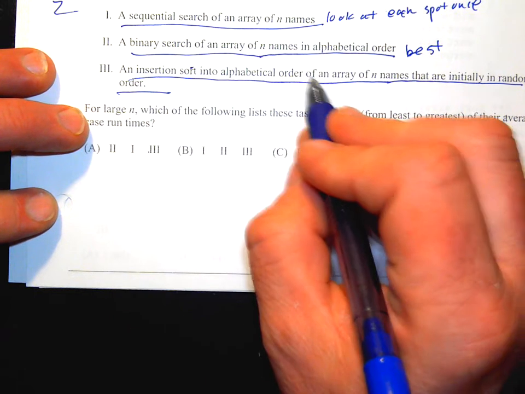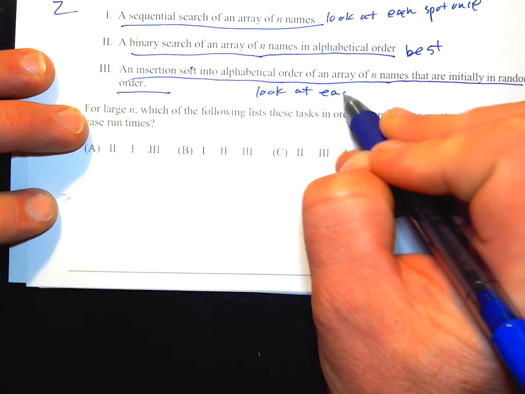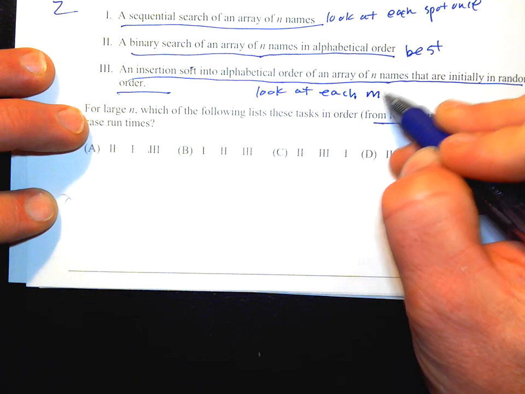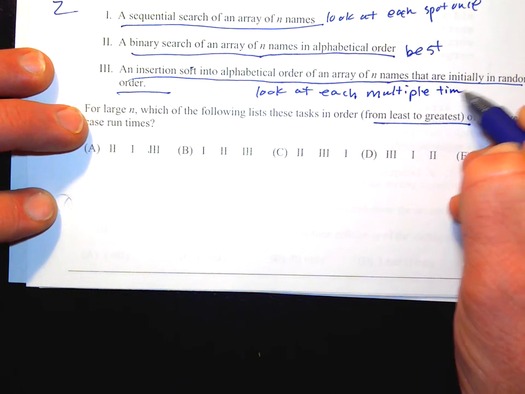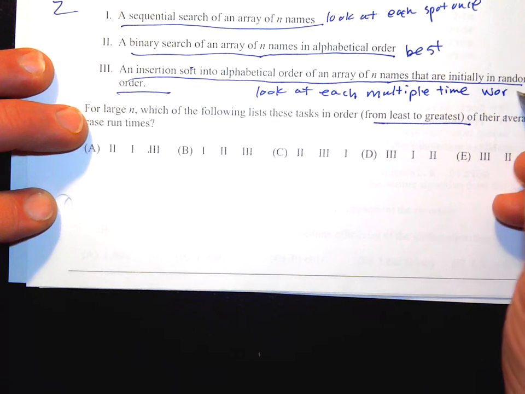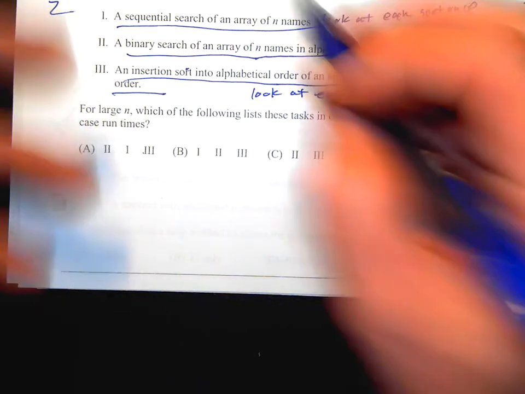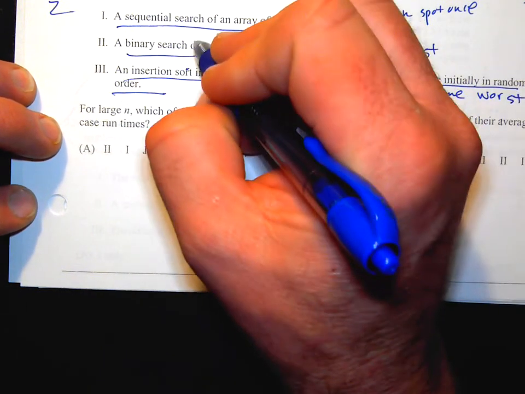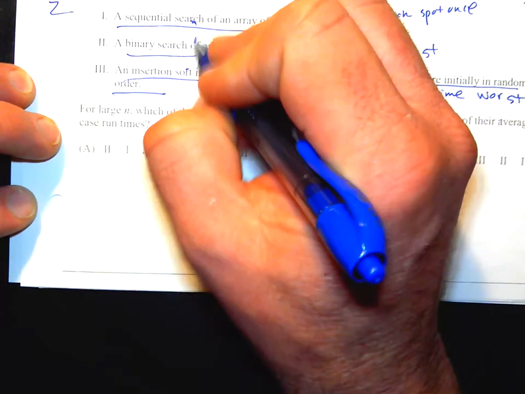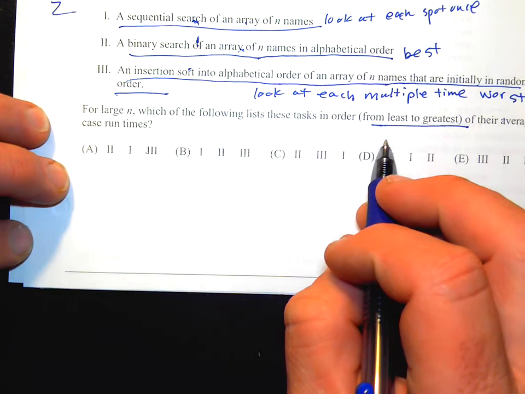Insertion sort is looking at each spot probably lots of times, multiple times. So this is your worst as far as comparing these all to each other, as far as the amount of work they have to do, even though they're totally different kinds of jobs. I mean, these are comparable. You're able to compare these to each other, and this is way better than that. But then sorting is totally different than searching.